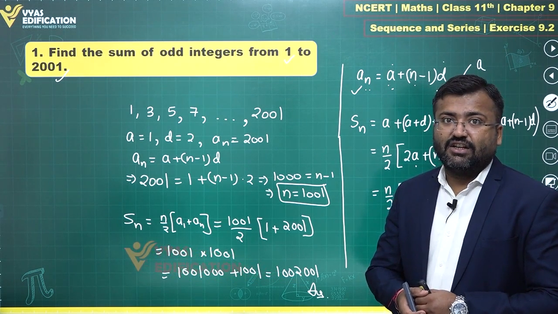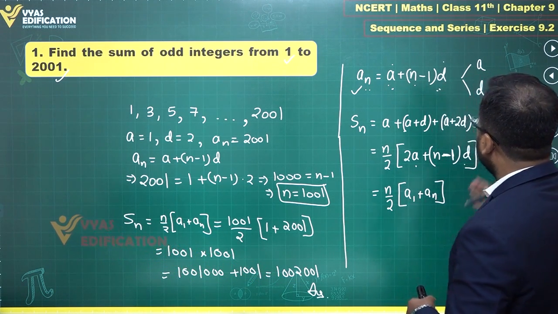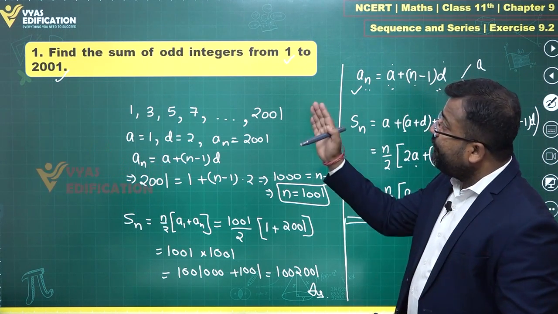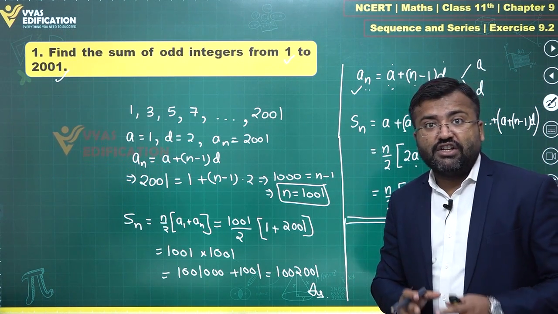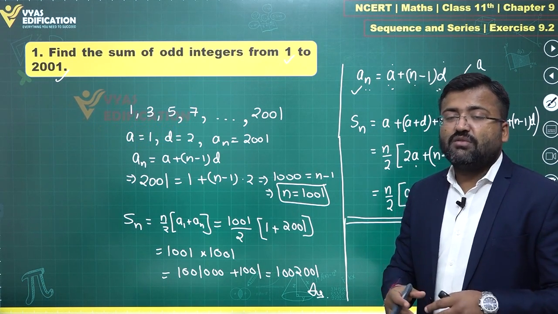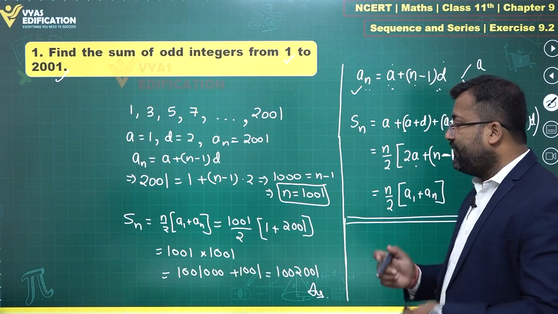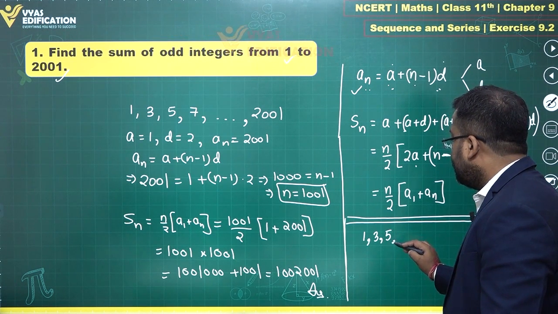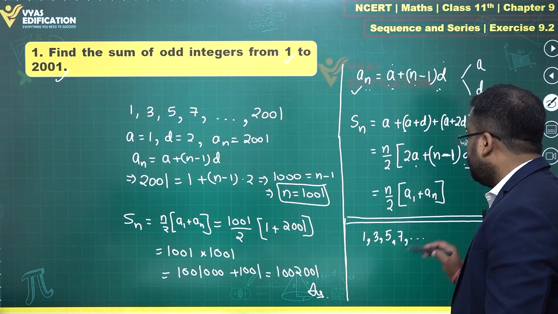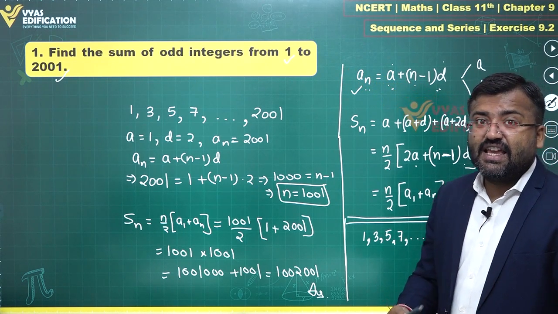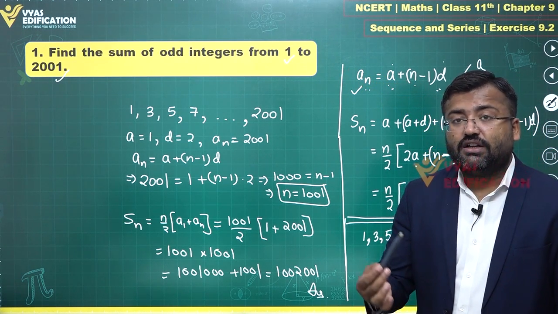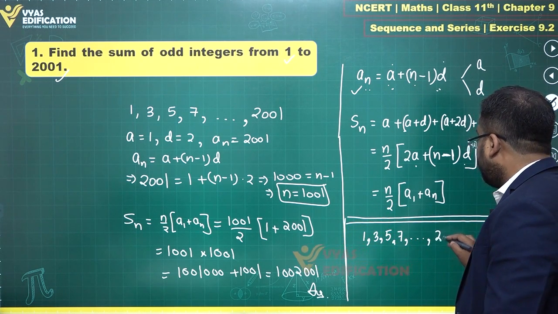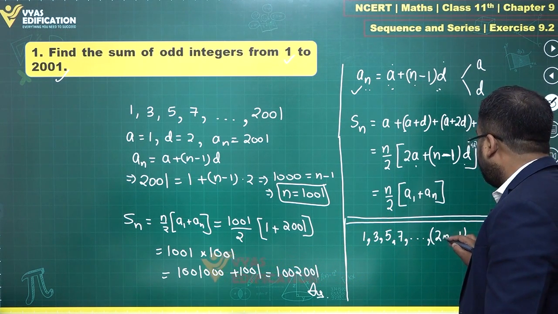One important thing to note over here is, you've seen these formulae, right? Sum of odd integers, when you talk about sum of odd natural numbers starting from 1, if you talk about 1, 3, 5, 7, up till the nth odd natural number, the nth term of this sequence will be 2n minus 1.